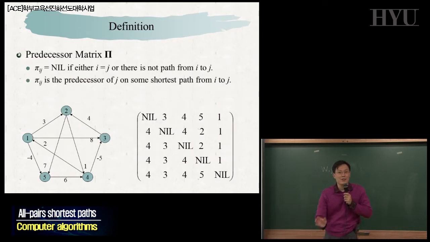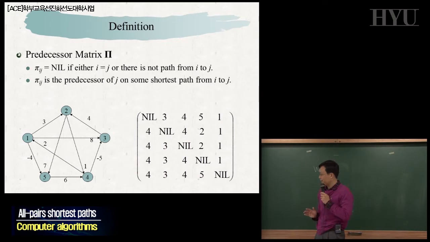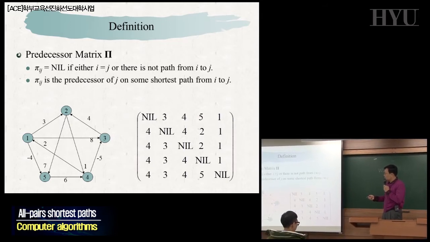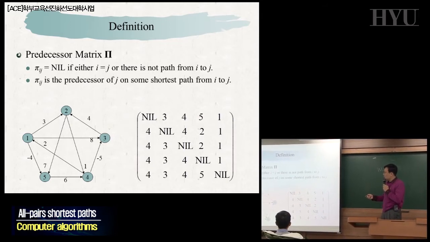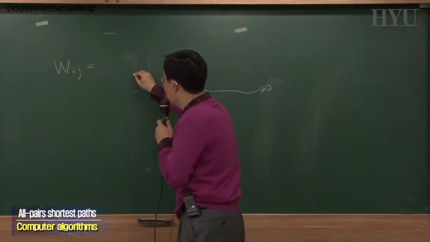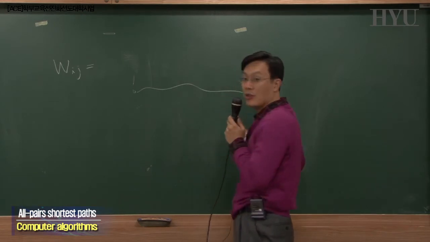And there is another output. It is the predecessor matrix, pi. So look at this entry pi 1, 2. Its value is 3. The meaning is there is a shortest path from vertex 1 to vertex 2.